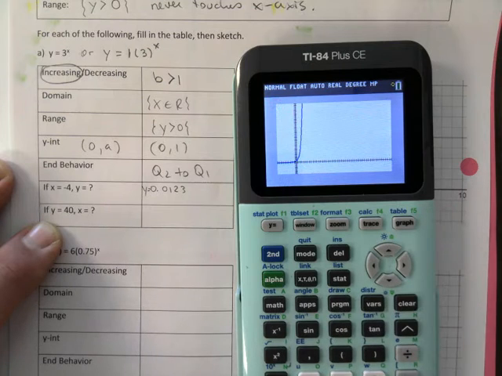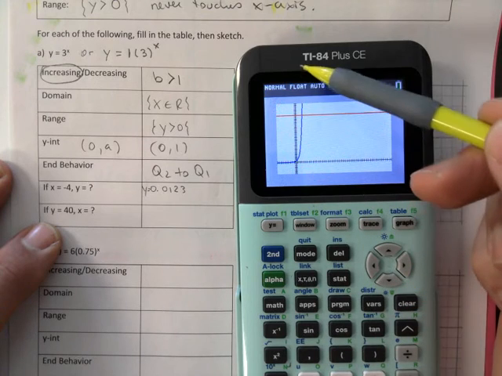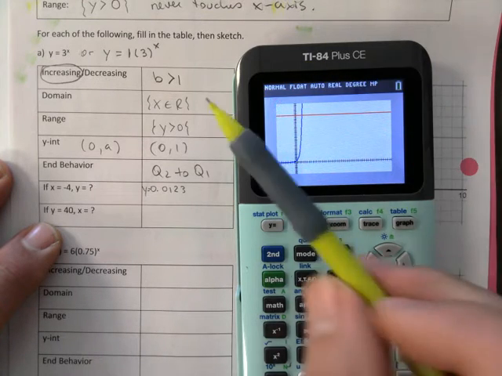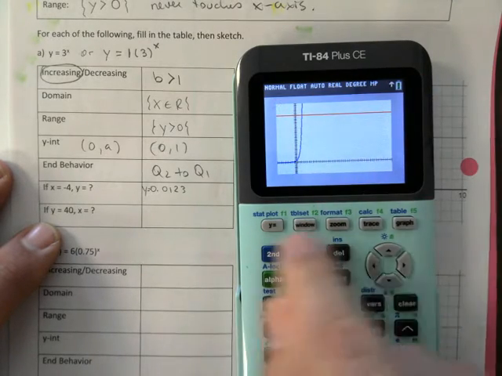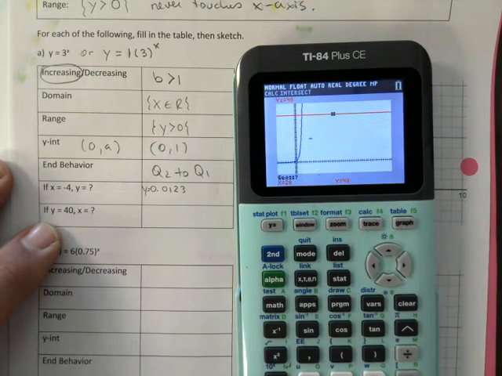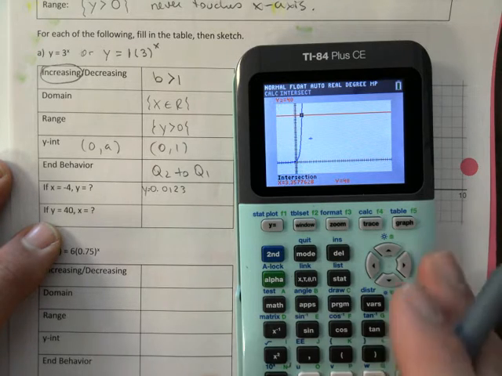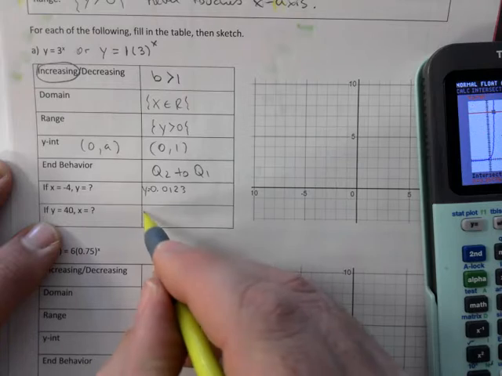Graph this, and there it is. It was a bit overkill for my x max, but that's okay, because it's shooting up, so it's not expanding as quickly as it is going up. Second trace 5, enter, enter, enter, and it is 3.36.